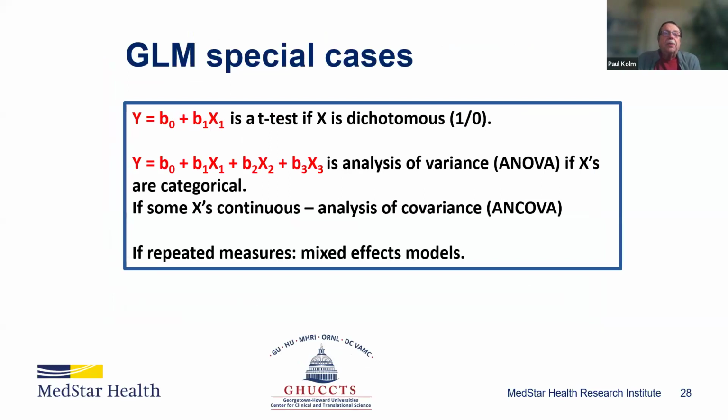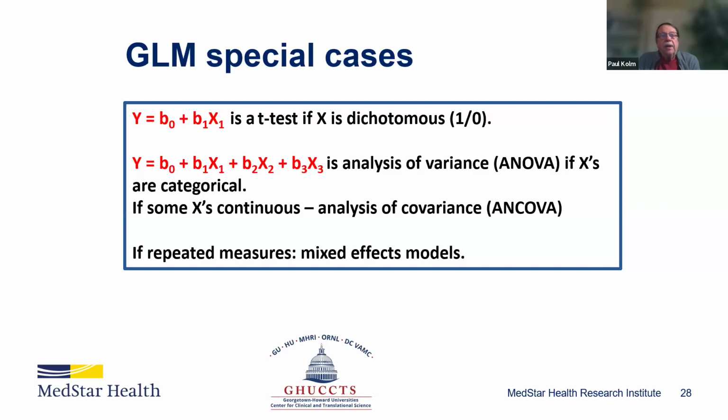So we have a couple special cases of GLM. If we have just one independent and one dependent variable, and the independent variable is dichotomous, then that's a t-test. If all of the independent variables, all the x's, are categorical, then we have analysis of variance. And if some of the x's are continuous, then we have analysis of covariance.